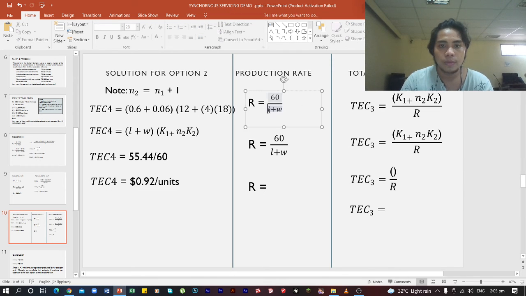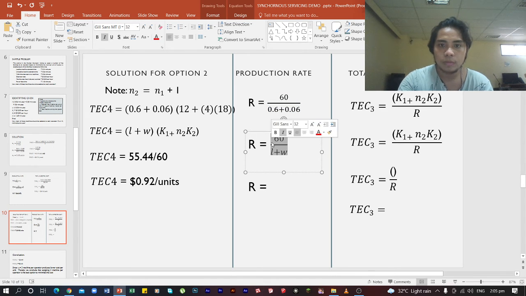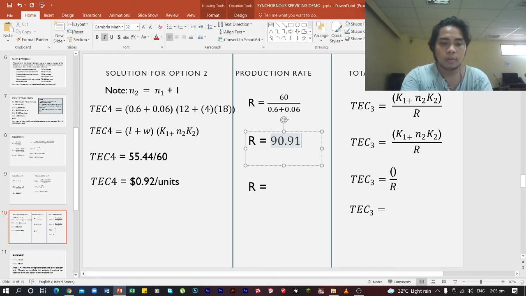Let's solve for the production rate. So L is 0.6, M is 0.06. So let's solve. 60 over 0.6 plus 0.06 is equal to 90.91%.